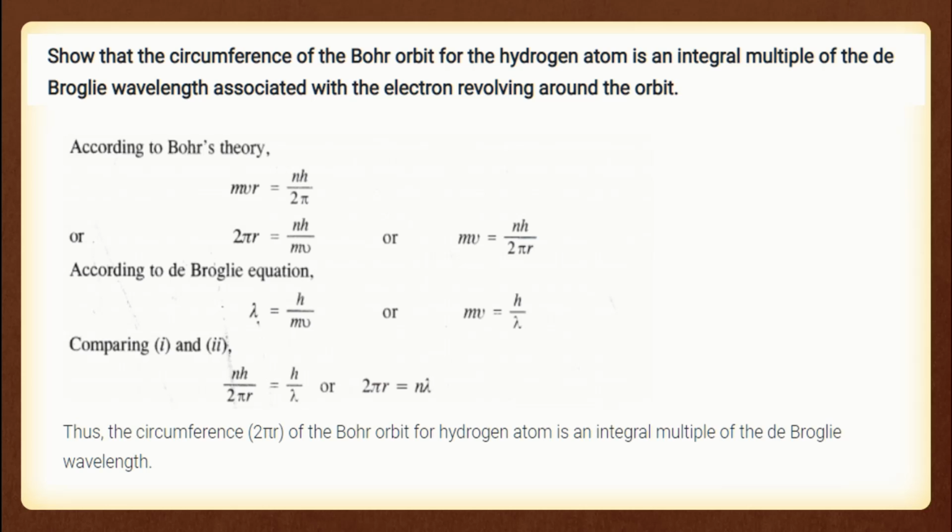According to the de Broglie equation, lambda = h/mv, or mv = h/lambda. Comparing these two equations, nh/2πr = h/lambda, or 2πr = nλ. Thus, the circumference 2πr of the Bohr orbit for the hydrogen atom is an integral multiple of the de Broglie wavelength.